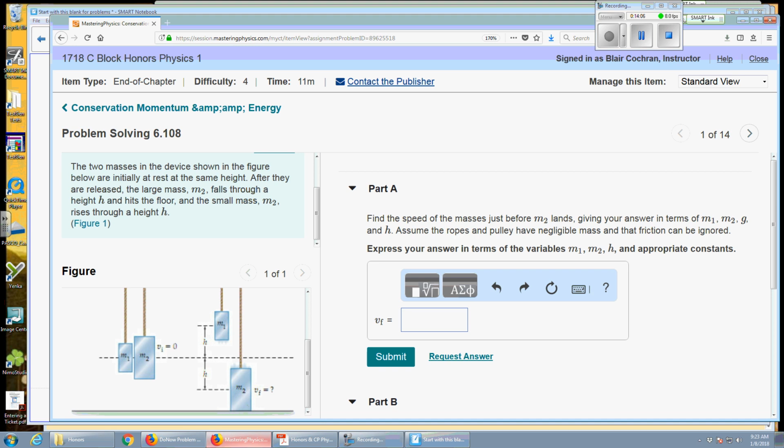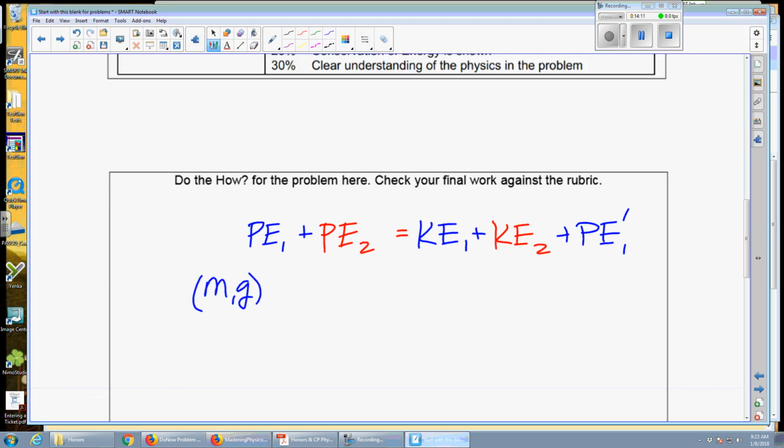Does that make sense? So M1gh plus M2gh equals 1/2 M1v squared. And I can just use v because there's only one speed. They're both moving at the same speed.